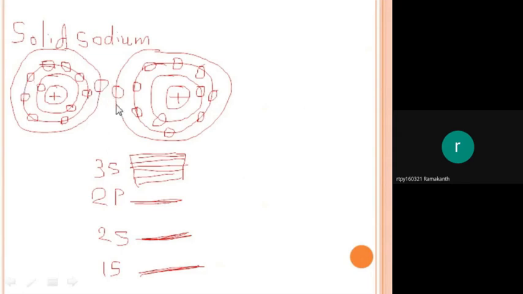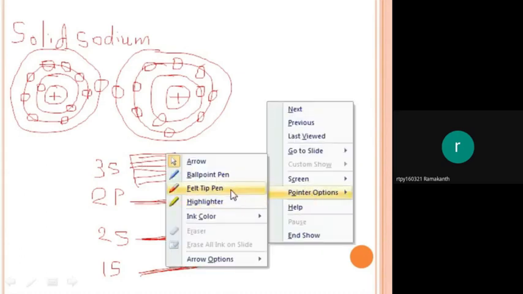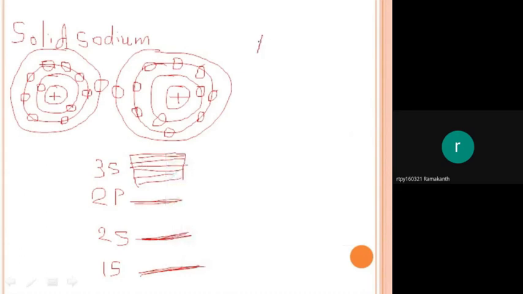Okay, so this is the nucleus, and these are the different energy levels. If you have n atoms, there are 2n electrons in the 1s state and 2n electrons in the 2s state.